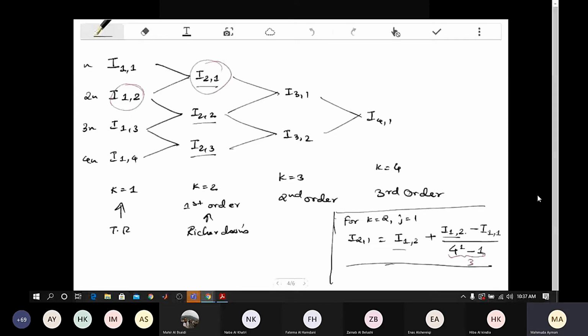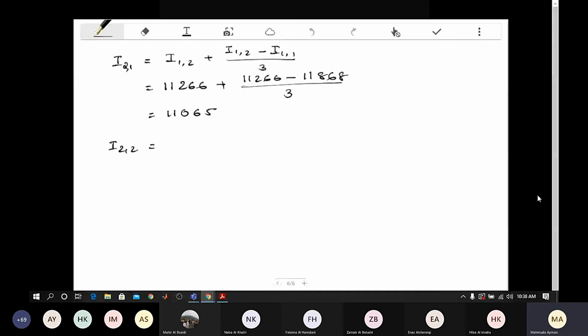Okay, we have I1,3 plus (I1,3 minus I1,2) divided by 3. Is that correct? That's correct, Ryan, and even for Aisha, it's correct, just the brackets are missing. Okay, that's correct. So let's go ahead and work it out.